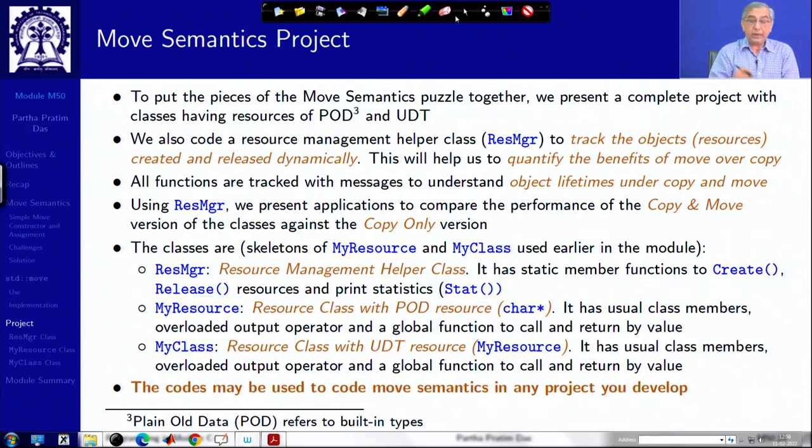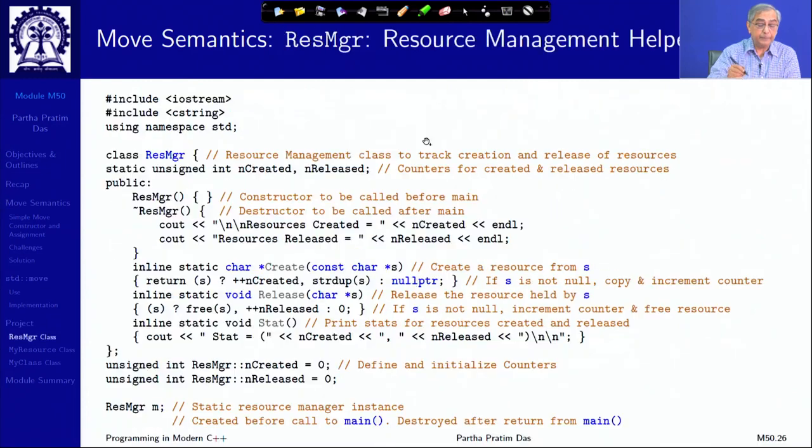So, with that I show both versions: a copy only version of each class, my resource and my class, and a copy and move version of these classes, and for the same application we evaluate how many resources are created and how many resources are released to see that even in a simple application what kind of benefit you can get by the realization of the move semantics.